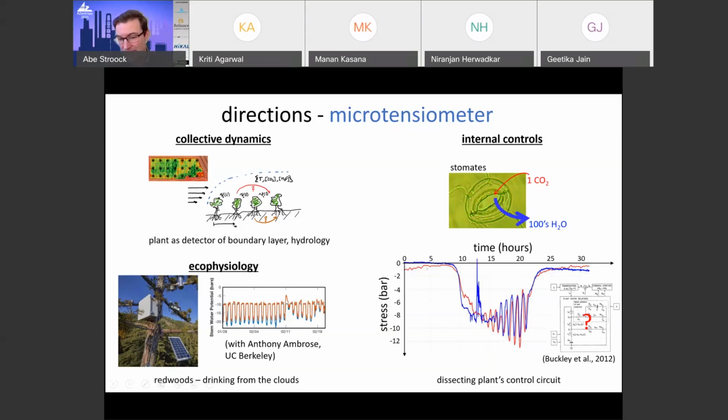And on some occasions, when we shock a plant, we actually send it into an instability, a ringing of our control, of the internal control circuit, that start to give us hints about what the internal control parameters are on the biology, on this critical biological process of navigating the compromise of CO2 and water.